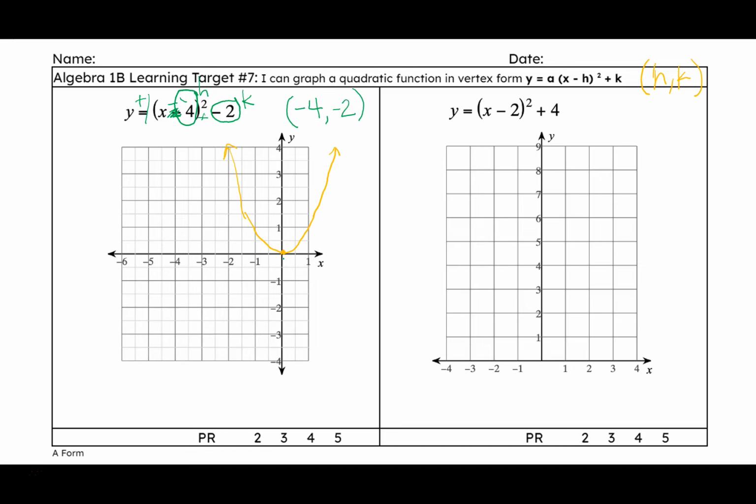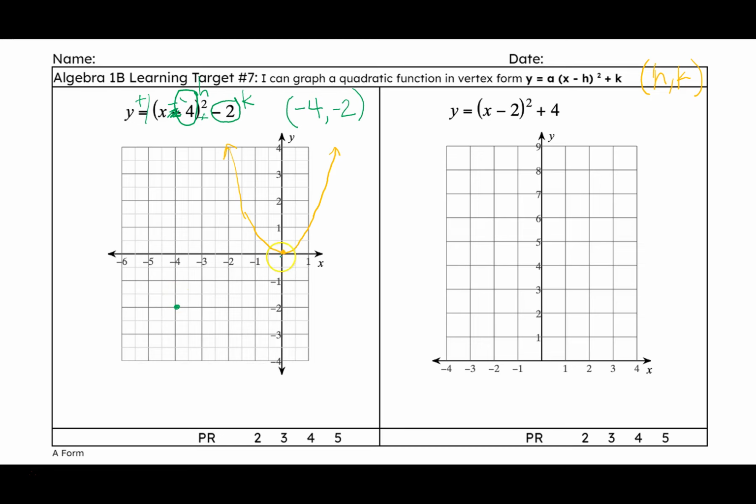So instead of starting down here, it's going to start at negative 4, right there instead. So that was minus a negative in order to change that to the minus h, and there's your h, and then plus negative 2, there's your k. So it's going to look just like this, except I'm shifting it over and down instead.